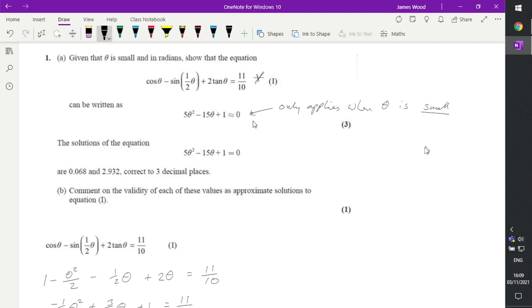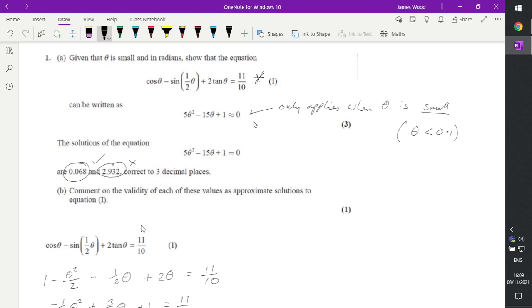If you remember from before, I said that θ should probably be less than 0.1. So this solution is fine. This one is not going to be valid because it's much, much bigger. You definitely wouldn't consider almost 3 radians to be a small number of radians. If you think back to the graph, that's going to be quite far to the right. It's not actually going to look like a straight line in that portion, for example.